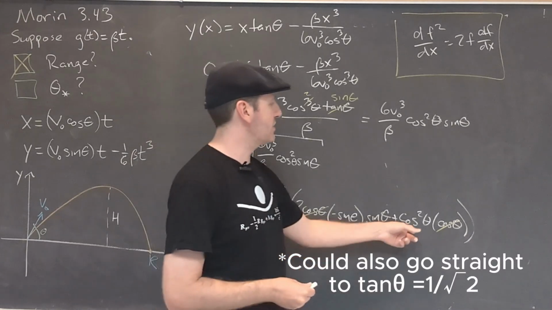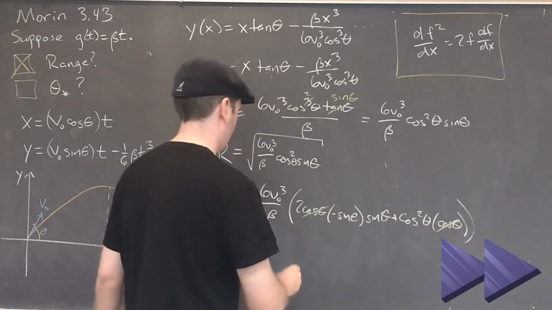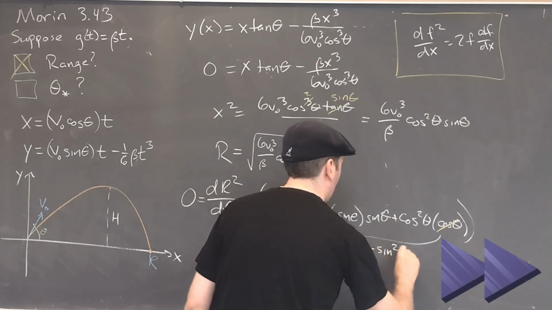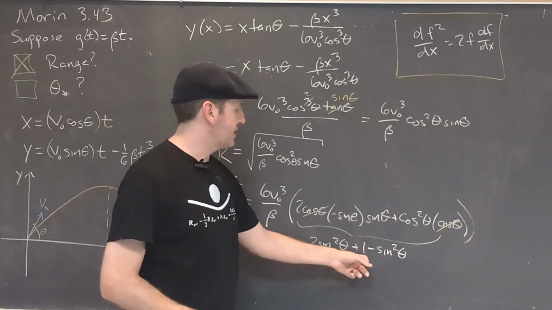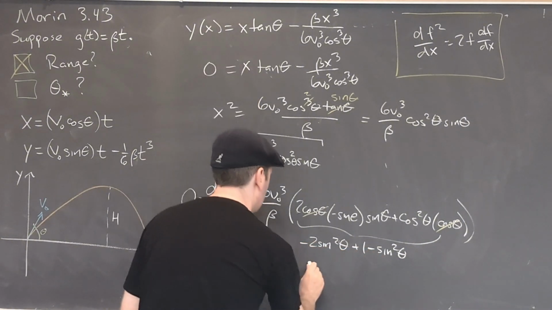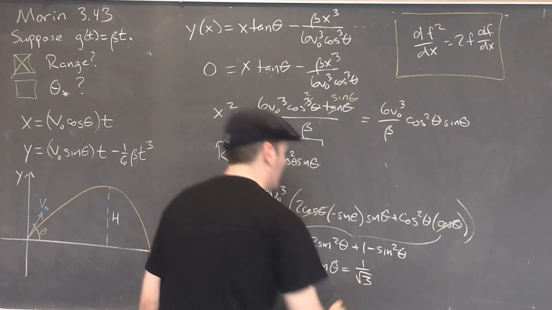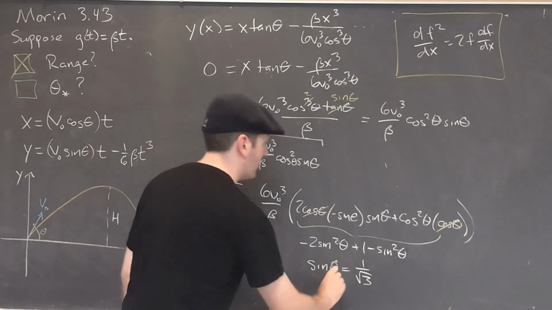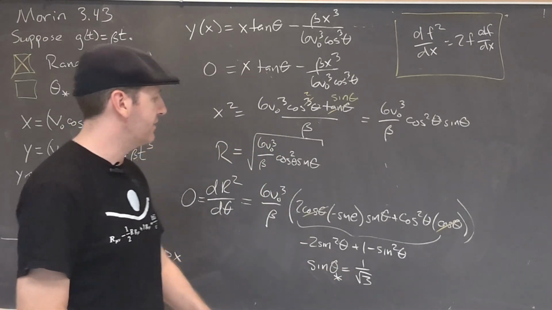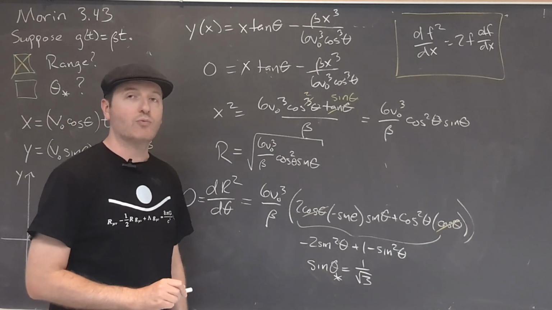So let's rewrite cosine squared as 1 minus sine squared. Doing that gives us 1 minus 3 sine squared, which means sine theta is 1 over the square root of 3. Maybe I'll call that theta star, just so we know this is the theta that maximizes that range.